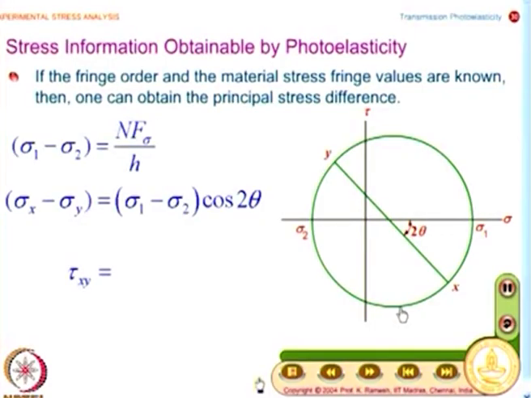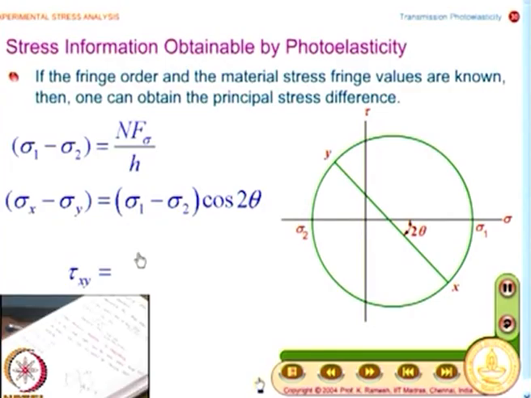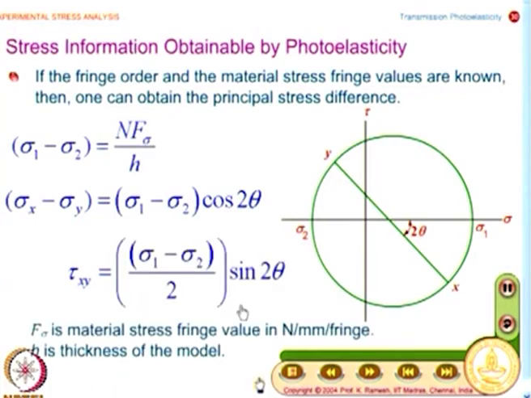So, on the Mohr circle, every point on the circle denotes a particular plane, and using this you can also find out what is the principal stress plane, what is the magnitude of sigma 1 and what is the magnitude of sigma 2, and simple geometry will help you to find out the difference in normal stresses and also the shear stress. What is the value of shear stress? You all know it. It is simply sigma 1 minus sigma 2 divided by 2 into sin 2 theta.